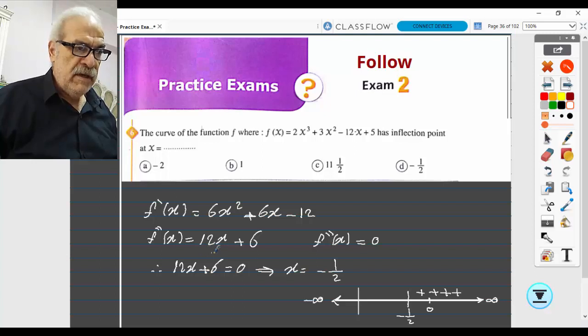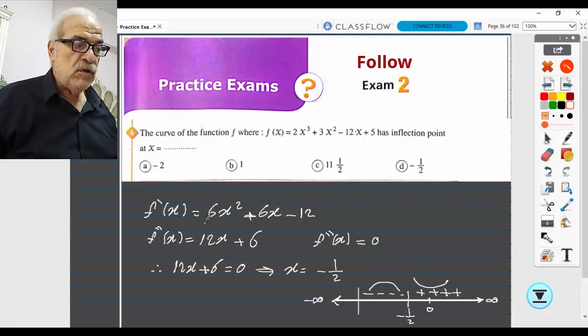You will get here a negative number. So the function is convex upwards here and convex downwards here. So the second derivative, f double dash, changes its sign around x equals negative half.